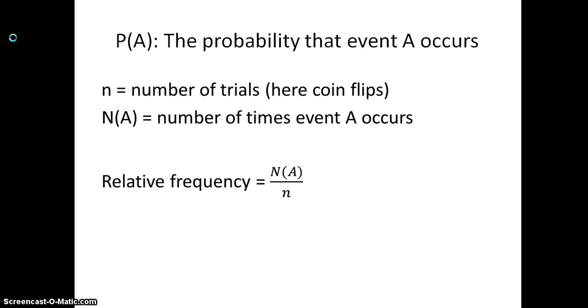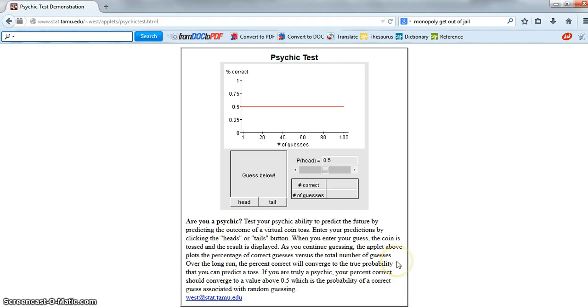And I'm going to take a look at a simulation of this. So let's take a quick peek here. This is an applet online that shows how often we get heads is 50%, and we can make a guess and see how often we will correctly guess.